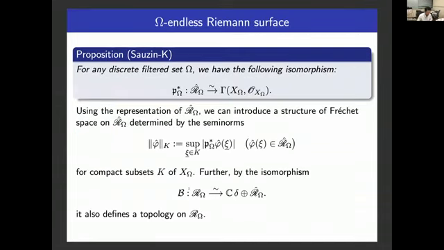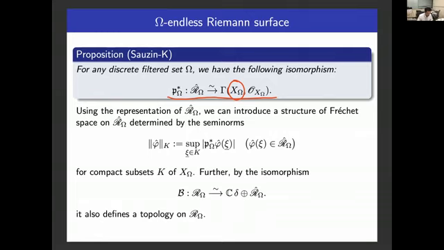And so using this omega-endless Riemann surface, we have the following isomorphism. For any discrete filtered set omega, any omega-continuable function is represented as a global section over X_omega of the sheaf of holomorphic functions.